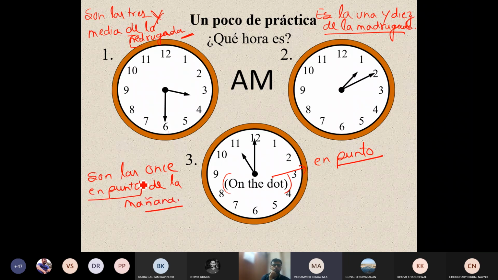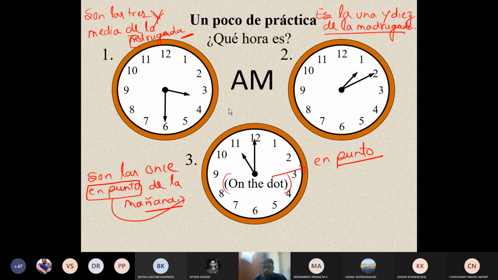The other thing you can do, you can put this en punto after de la mañana. So that also you can do. That's fine, not a problem. So some of you have written it at the end after de la mañana. That is also okay.